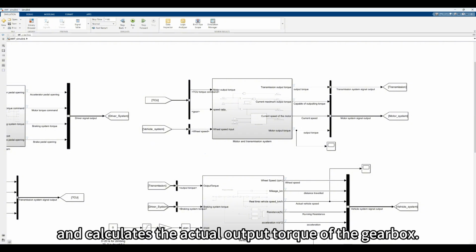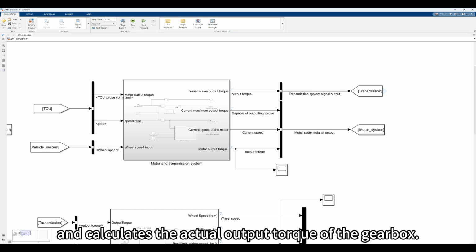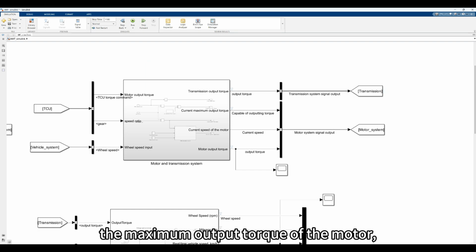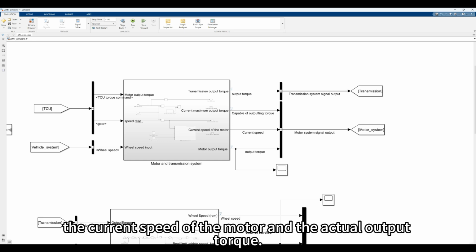And it calculates the actual output torque of the gearbox, the maximum output torque of the motor, the current speed of the motor and the actual output torque.